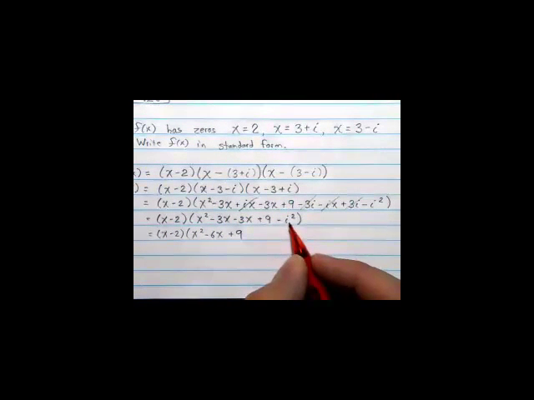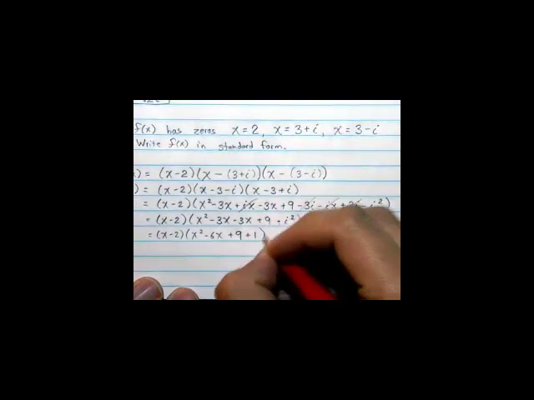Now what about this i squared? Remember, i is the square root of negative 1, so i squared should just be negative 1. Get rid of the square root symbol. So I can turn that into a negative 1, but be careful because it's negative i squared, so it would be a positive 1. So that plus 1.